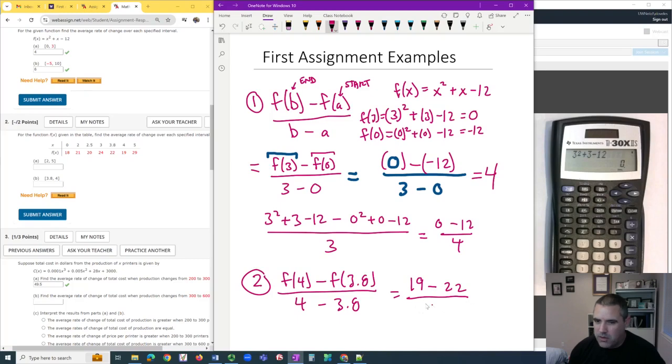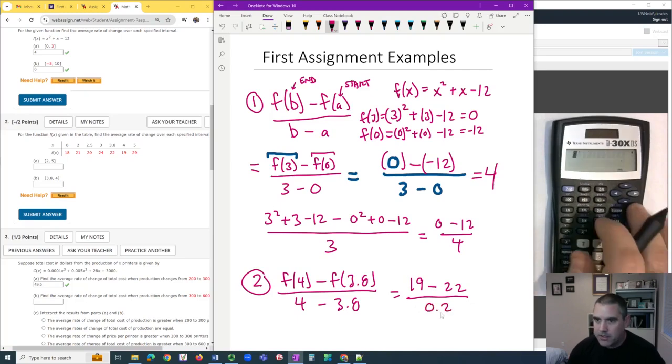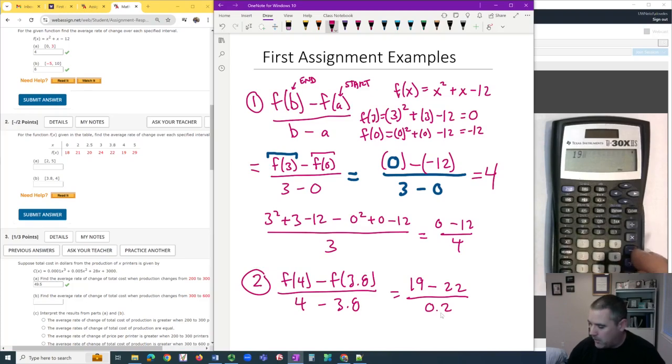And I would encourage you not to try to type all that in. Do it in pieces. You can actually even just do it like this. You could do 19 minus 22, compute, and then you have that number. That's what's on top. And then if you click divide, it'll say divide the previous number by whatever you do next. So if I just click divide 0.2, there's my answer.